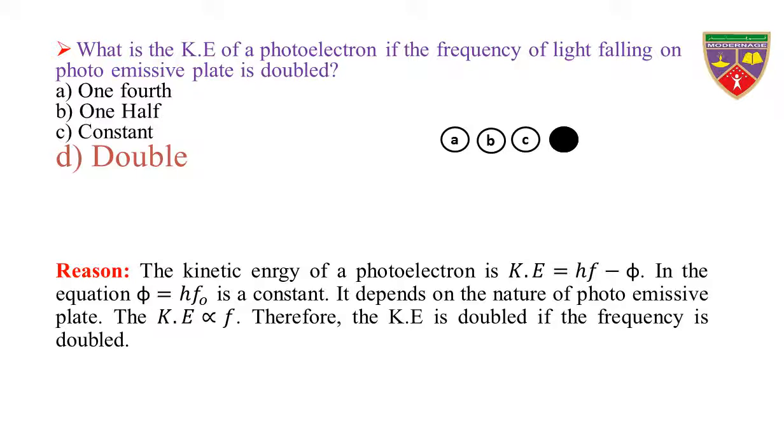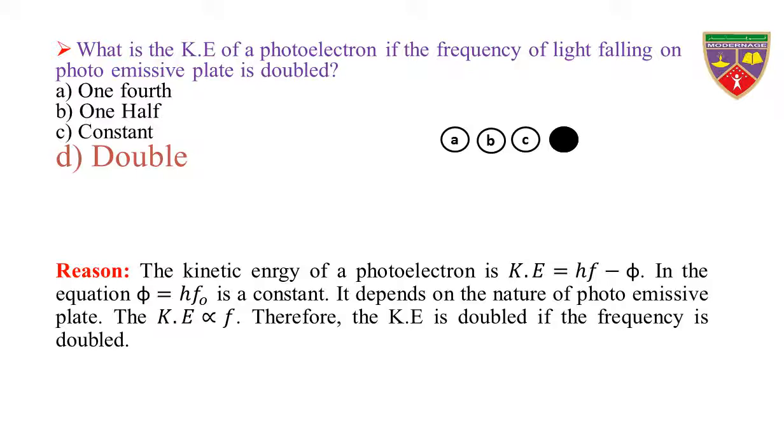Reason: the kinetic energy of a photoelectron is kinetic energy equals hf minus phi. In the equation, phi equals hf naught, a constant, where f naught is the threshold frequency and h is the Planck constant. It depends on the nature of the photoemissive plate.